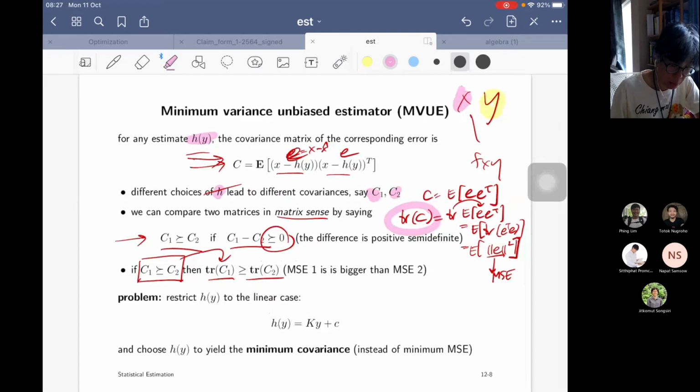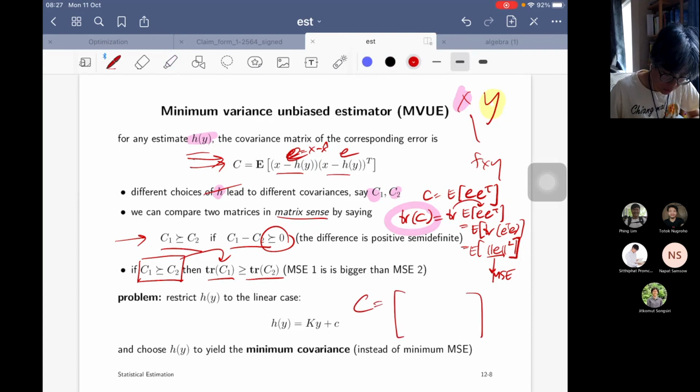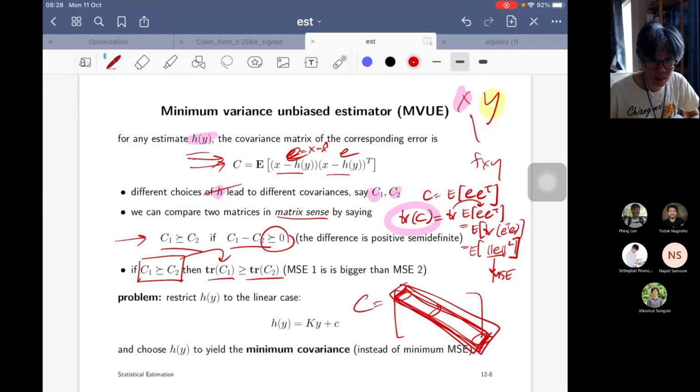The covariance matrix is a matrix. Please recall, what is the diagonal term of the covariance? It is the variance of all the components of the errors, right? The variance of E1, the variance of E2, the variance of En. So if you take the trace, you sum all the variances of the error, and that is the MSE.